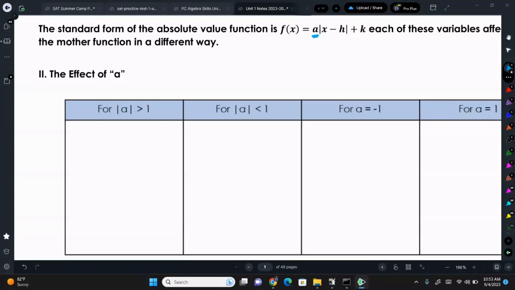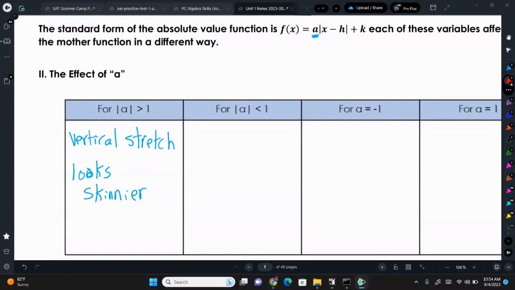Or think about it as, if the absolute value of a is bigger than 1, we call that a vertical stretch, because it looks like the function is being pulled up from that mother function. It looks skinnier. So that's when the absolute value of a is bigger than 1.